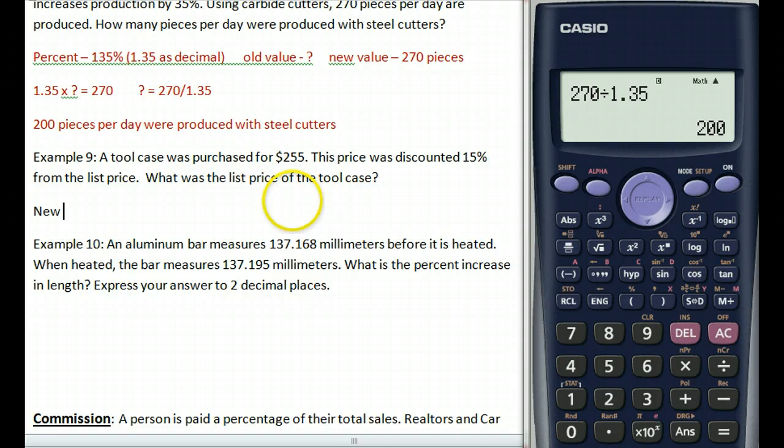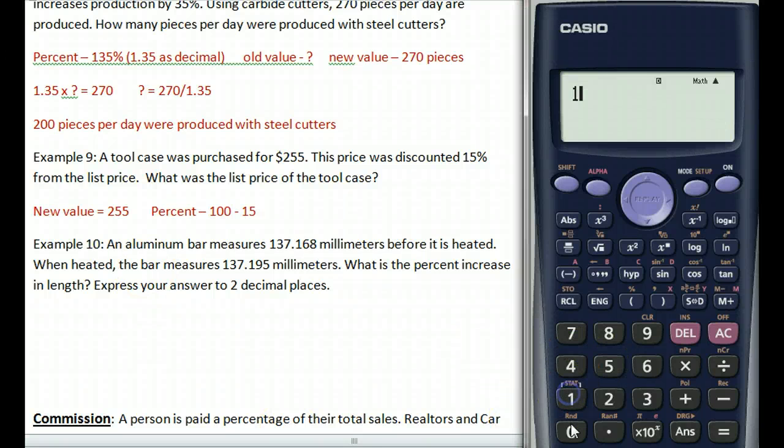So new value, let me change my color again to red. My new value is 255. Now remember, with these percent change problems, we have to take our percent and either add it or subtract it from 100. So since it was discounted 15%, I'm going to take 100 and subtract 15 from it.